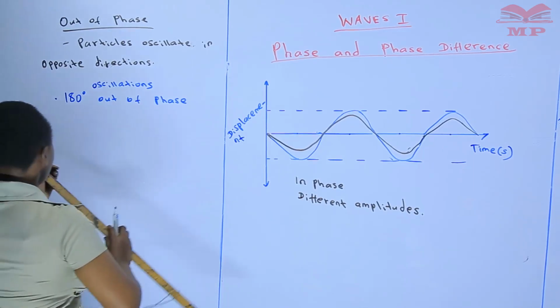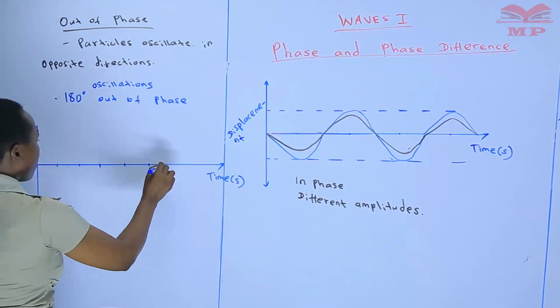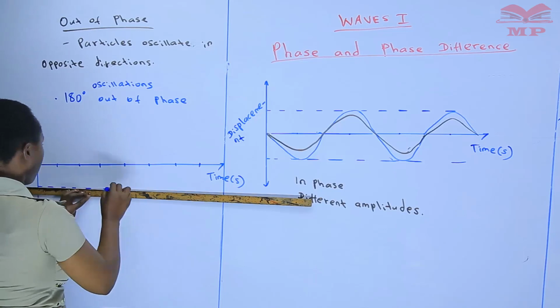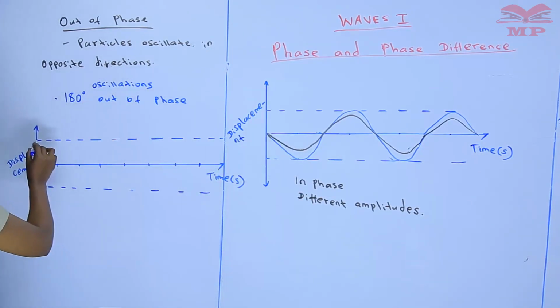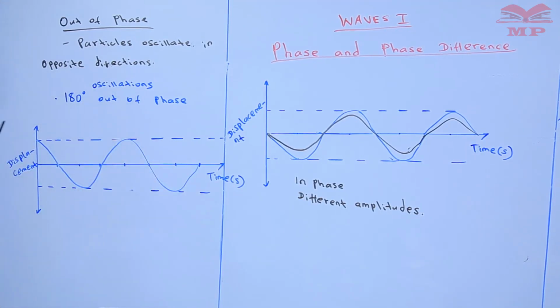This again is displacement against time. I told you this is not drawn to scale. If we have a wave from this point here up to there, and we want to draw another wave that is 180 degrees out of phase to this one, we draw it in the opposite direction.